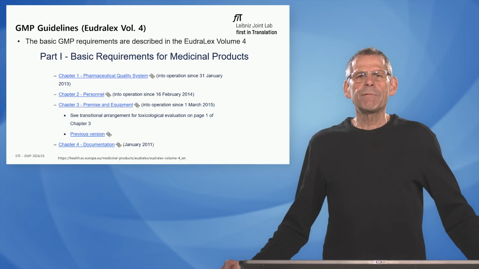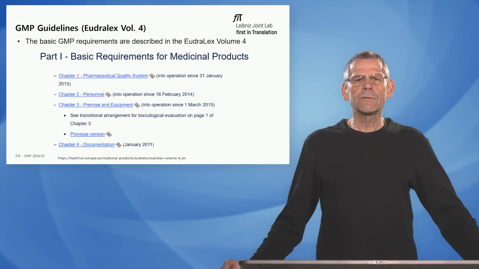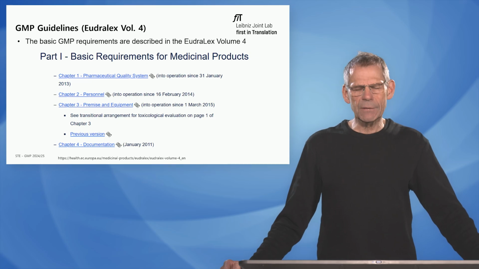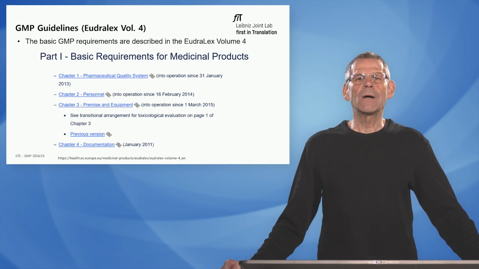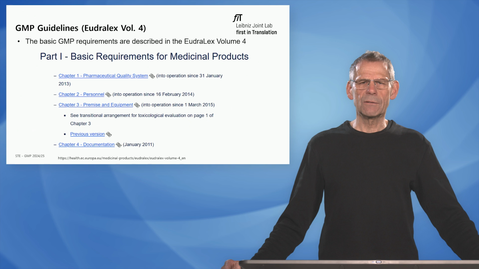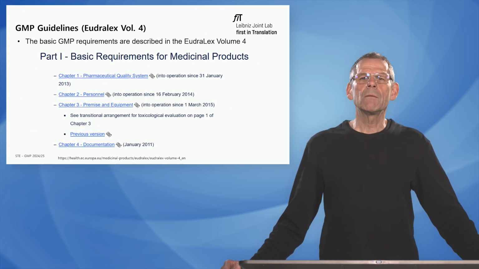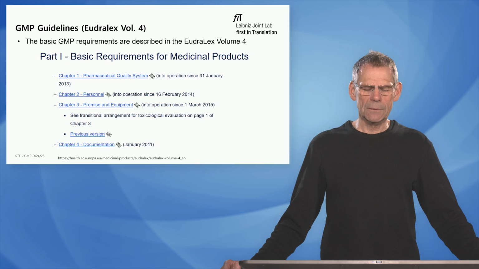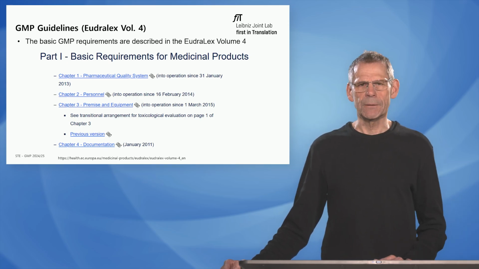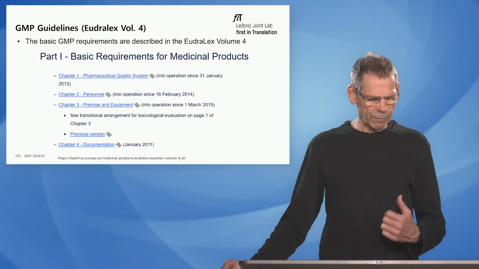Now, there are a number of regulations that describe these GMP rules, and the basic rules are summarized in the EudraLex Volume 4. Here we find the basic requirements for medicinal products, and what you see here is that they are divided in different chapters. In total, we have 9 chapters.